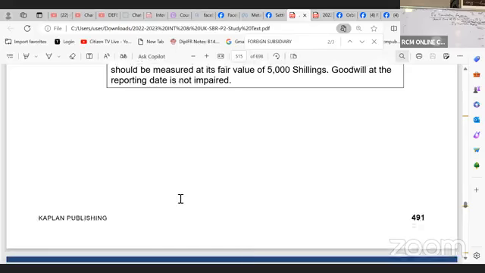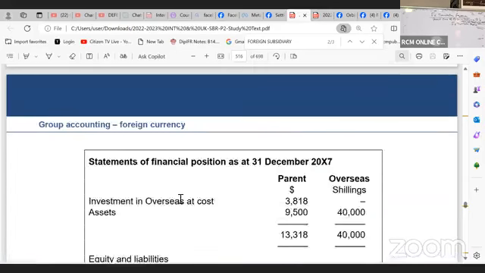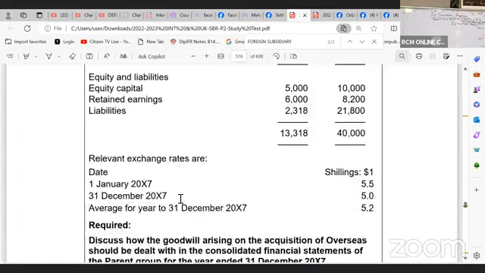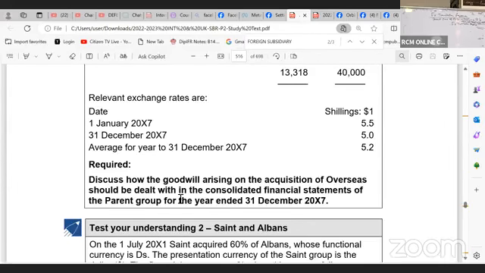Good examiner. Statements of financial position for the 2 companies. Discuss how the goodwill arising on acquisition of Overseas should be dealt with in the consolidated financial statements of the parent group for the year ending 31st December 07. Is it something that you guys think you can try, or is it something you'd want him to do it for you?